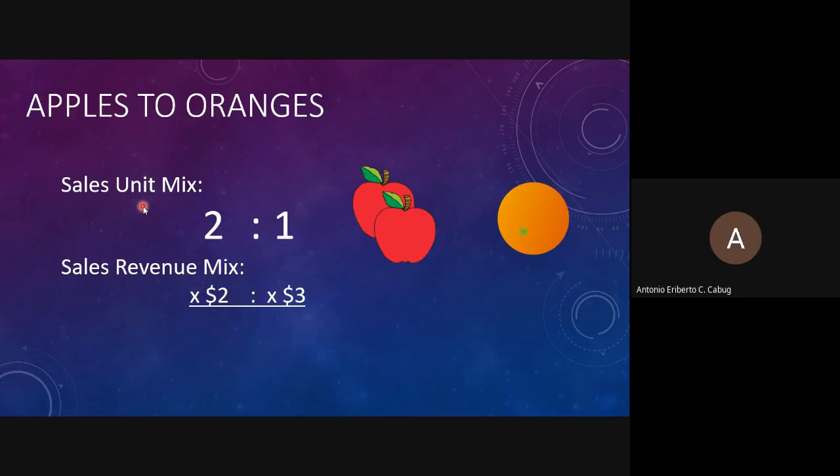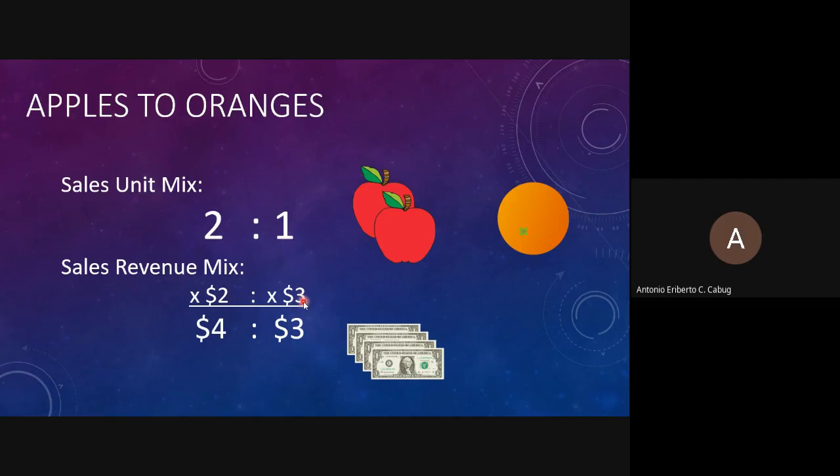Example, if the price of 1 apple is $2 and the price of 1 orange is $3, okay? Every time you sell 2 apples, you would get $4. Tama? Bawat benta mo ng 2 apple, nakaka $4 ka. $2 each times 2, $4. Isang orange lang, pero yung orange na yon, malaki yung presyo.